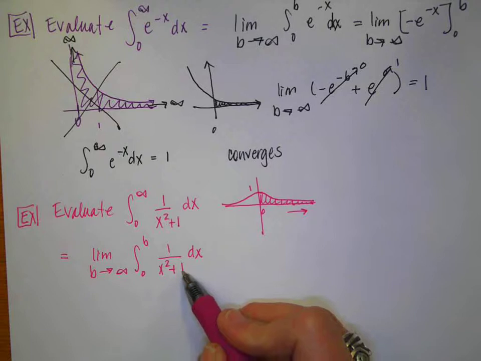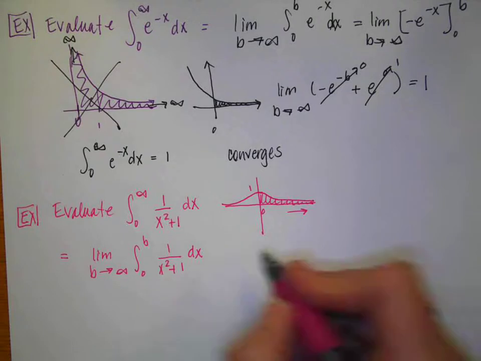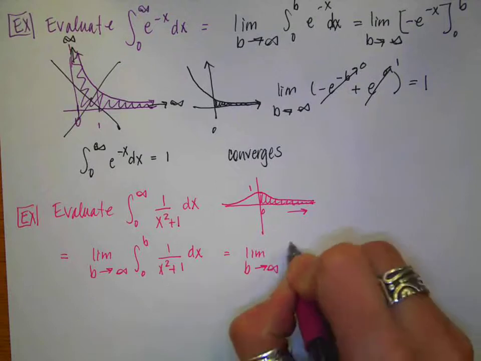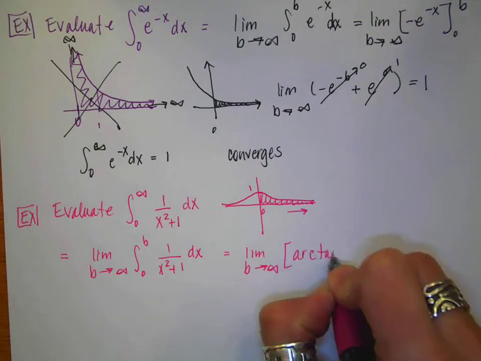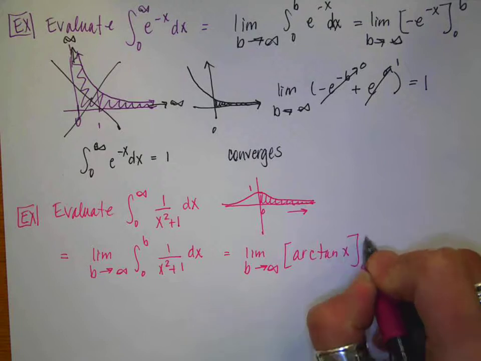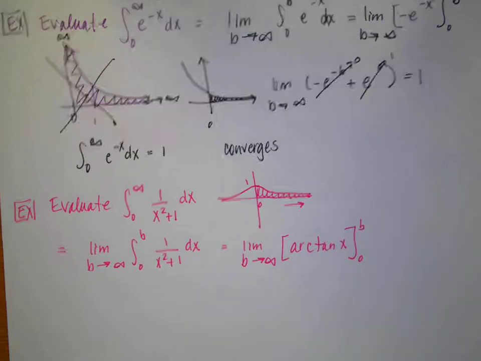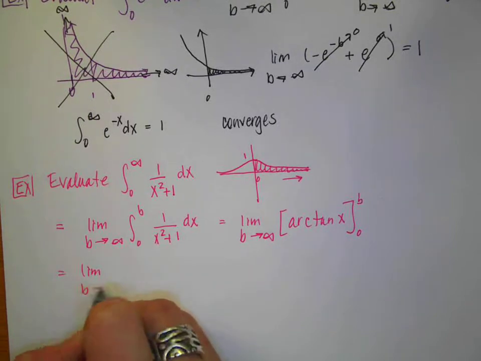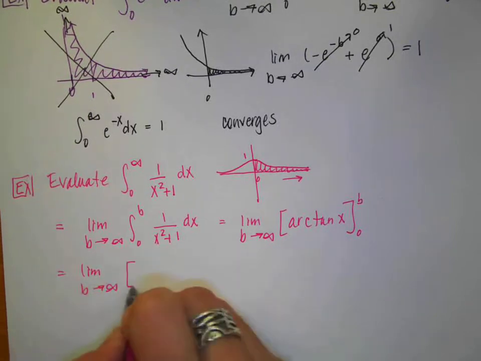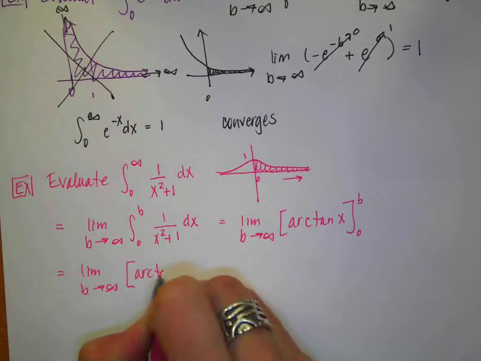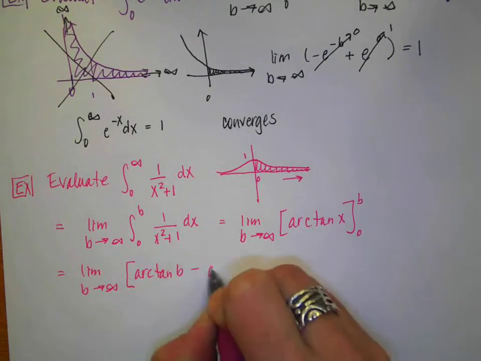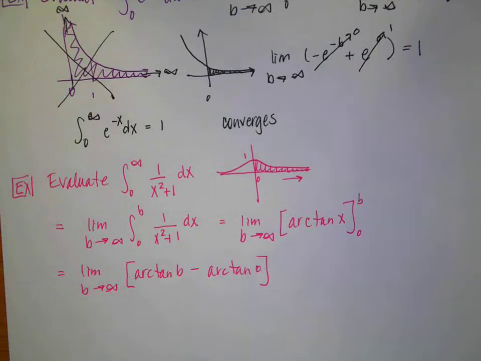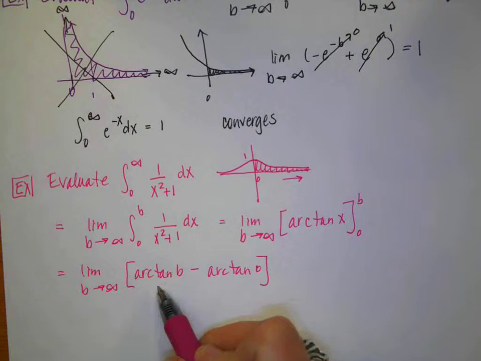I can integrate this. This is my arc tangent because I have a squared plus u squared. So this is going to be the limit as b approaches infinity of the arc tangent of x evaluated from 0 to b. And then if I fill in that information, I'm going to have the arc tangent of b minus the arc tangent of 0.